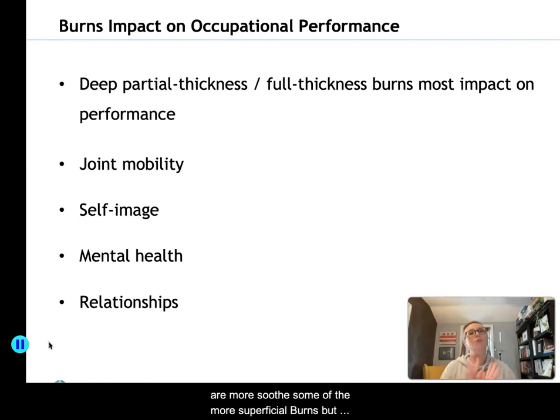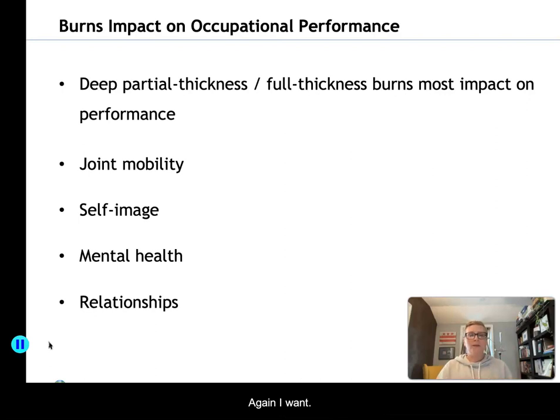These are some of those more superficial burns, but you can understand how they impact our ability to perform occupations. If anyone's ever had a sunburn bad enough that it's hard to put clothes on, or I had a sunburn once that was so bad that I couldn't go to yoga because it was on my front and I couldn't lay on my stomach. So I couldn't perform that meaningful occupation of going to yoga.